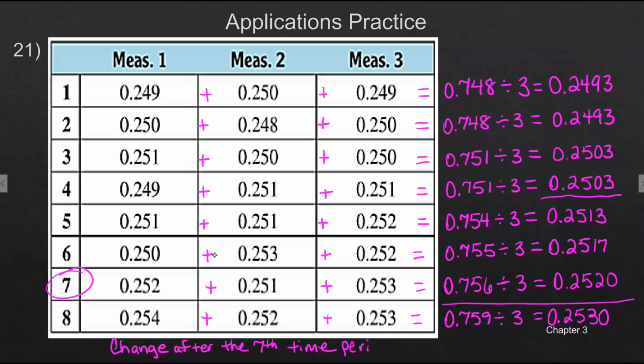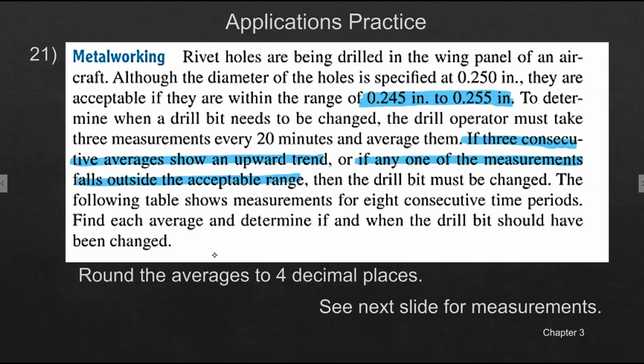So it's kind of a long problem, but I thought it was a good one just for a little bit of practice with decimal numbers and to actually answer this question. You know, what exactly are they talking about here? And it is a good problem. And you think about this was an aircraft. We don't want to be making any mistakes on an aircraft. Remember, the question was about drilling holes in the wing panel of an aircraft.